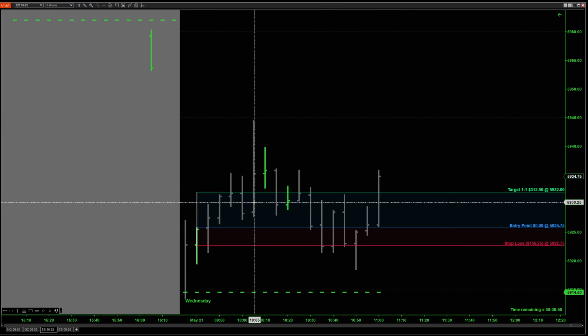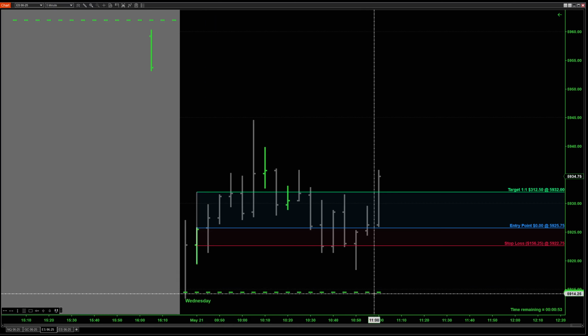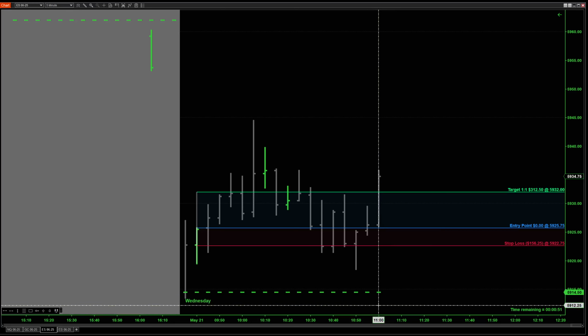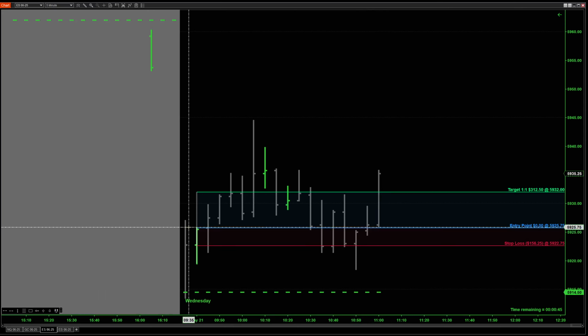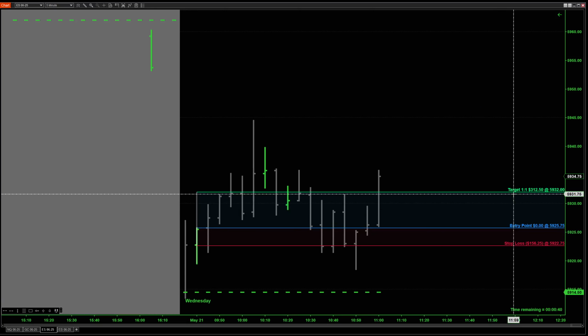And for this method, the only pivotal point I'm watching for is the open. If my profit target is on the other side of the open, I'm going to use a reduced profit target. So for example, this would have been enter at 25.75, take profit at 31.75.